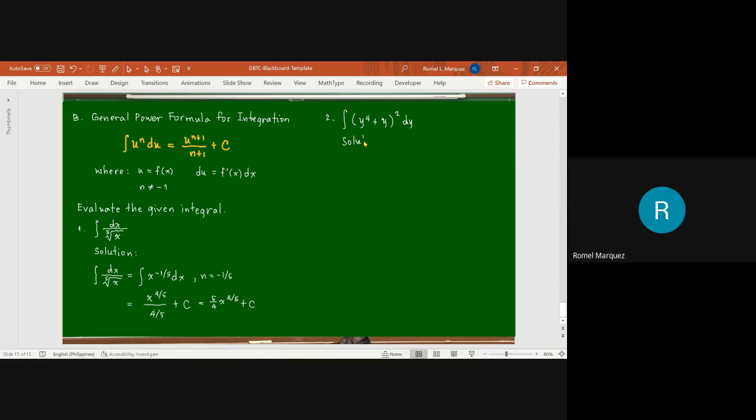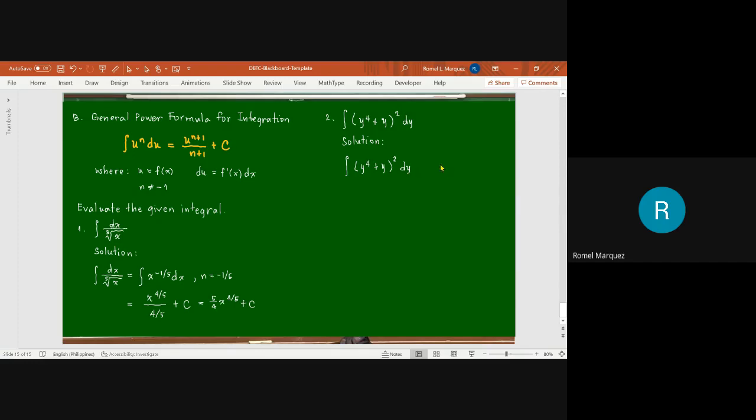Can we take y to the 4th plus y as our u in this case? If we take y to the 4th plus y as our u, with n equals 2, what is the du?